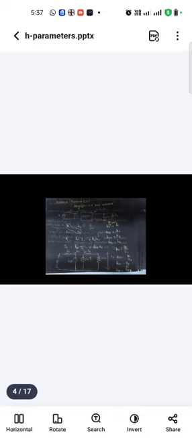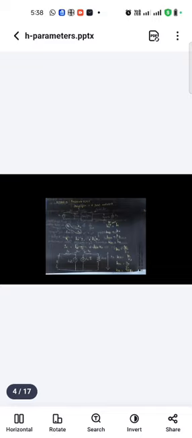We choose the independent variables v1 and i2, and we can write the equations using them. First, v1 is equal to h11 into I1 plus h12 into V2. Similarly, I2 is equal to h21 into I1 plus h22 into V2. This is the basic model used in hybrid parameters.